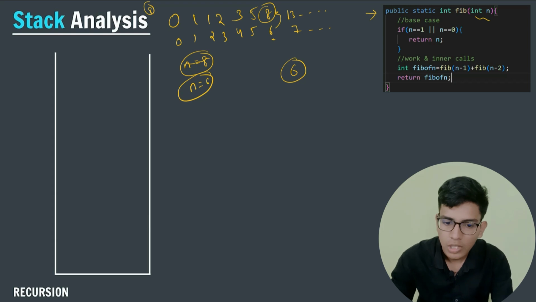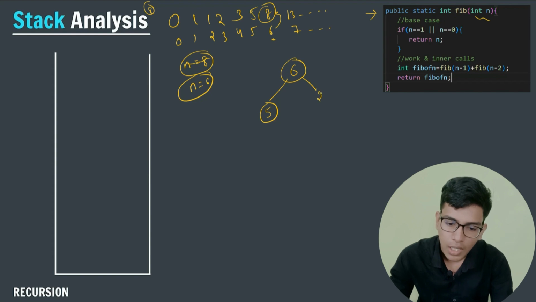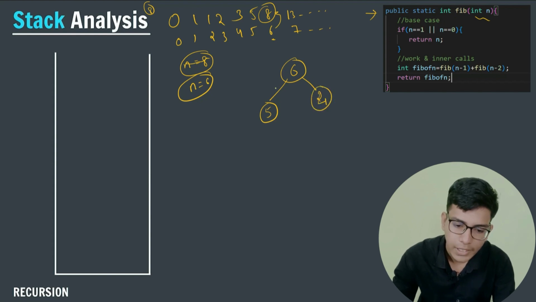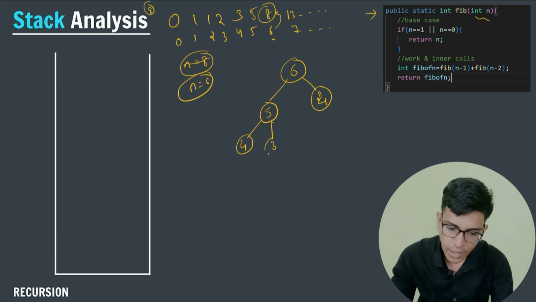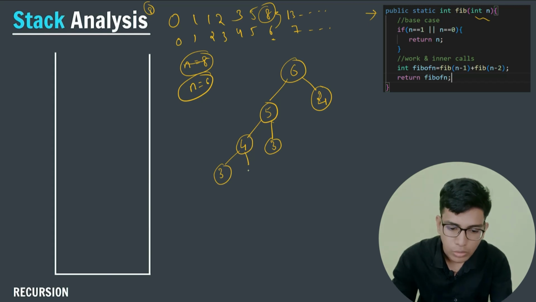A tree-like structure. So 6 will call 5, that is Fibonacci of n minus 1, and after it Fibonacci of n minus 2, that is 4. After it, 5 will call Fibonacci of n minus 1, that is 4, and Fibonacci of 5 minus 2, that is 3. And 4 will call 3 and 2.